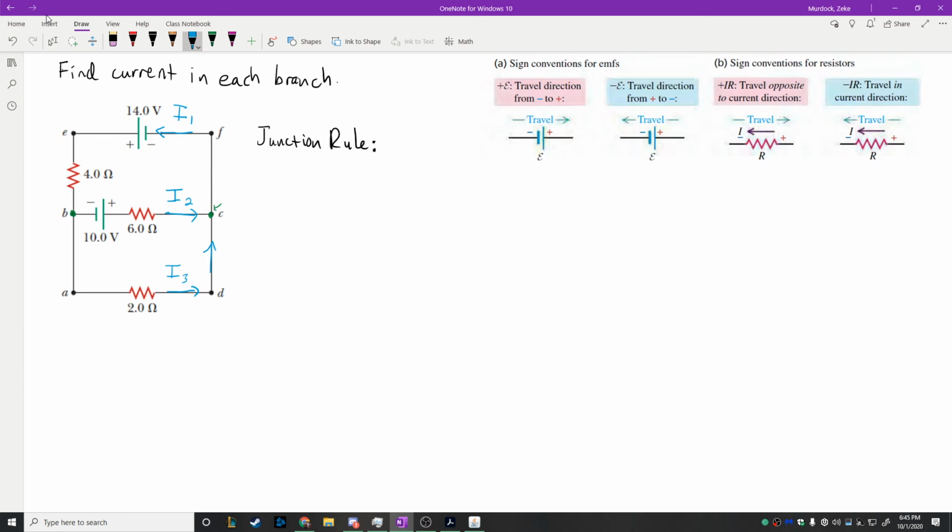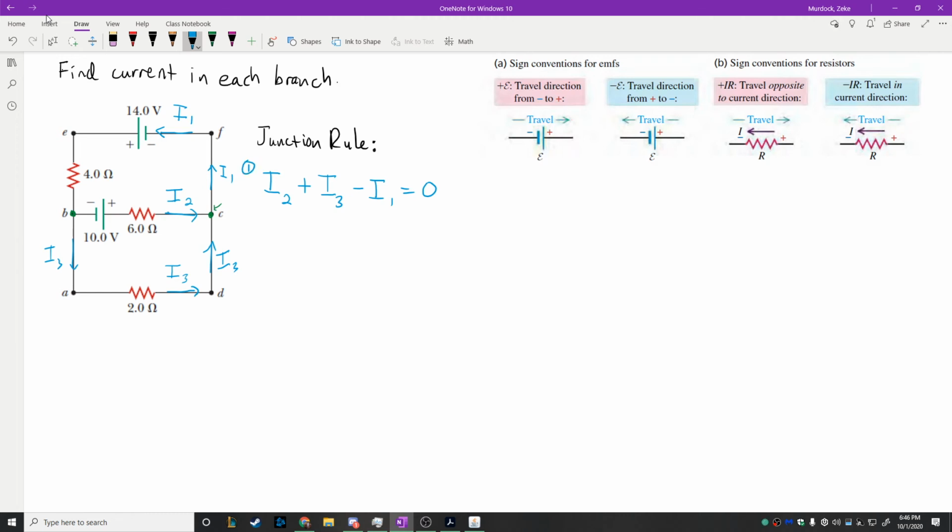It's the same I all around the outside here. So I3 flows in, I2 flows in, and then I1 is the one in the upper branch here, so I1 flows out this way. I said that we're going to make anything flowing in positive, right? So I2 plus I3 minus I1, because I1's flowing out, is equal to 0. That's my first equation.